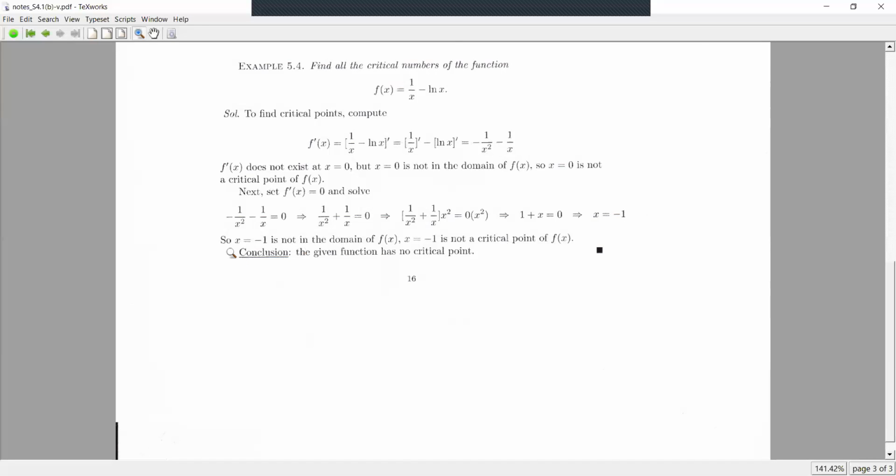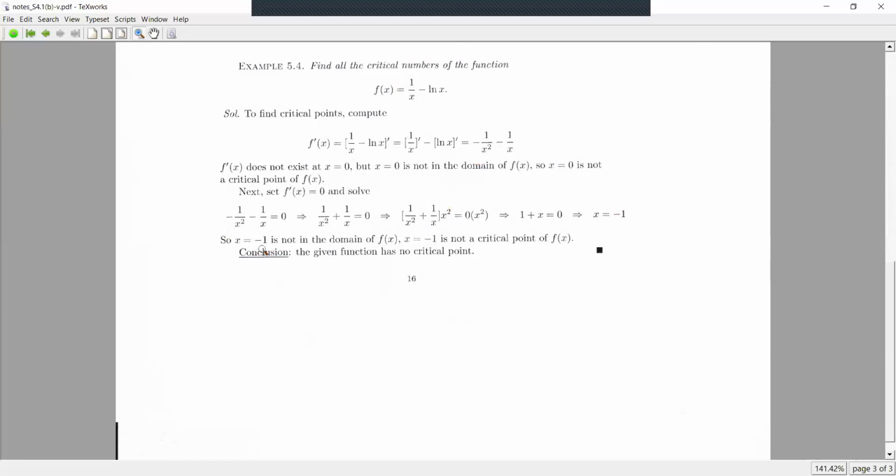But again, -1 is not in the domain of the function f. When you plug in -1 for x here, natural log of -1, the calculator says that it is not computable. So -1 is not in the domain of the original function.